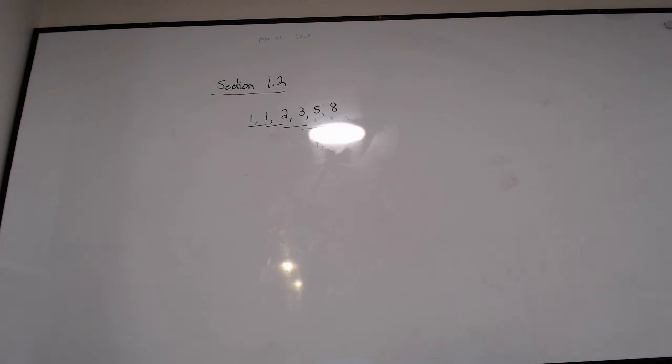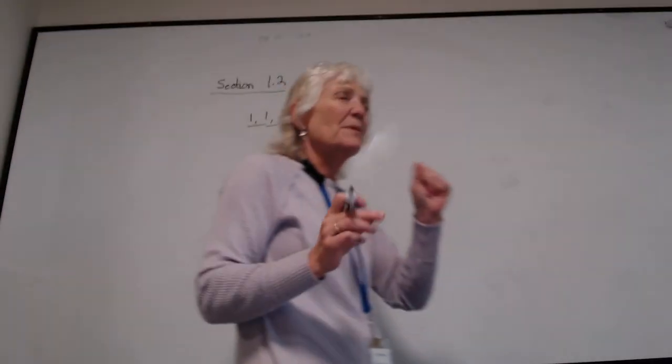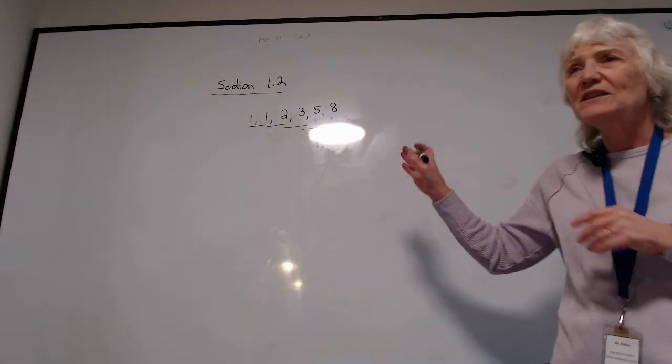You can see this all over in nature. You go out and look at a pineapple, just the pineapple itself. You will see there's a combination of these numbers, 1, 1, 2, 3. The petals of a flower are usually one of these numbers.